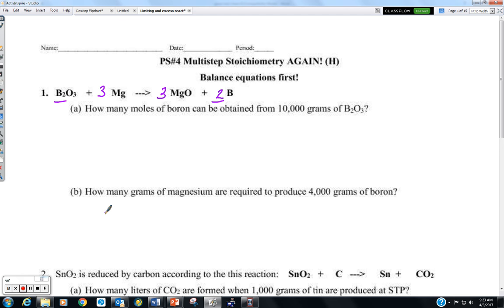All right. So when we're looking at this equation, the question is how many moles of boron can be obtained from 10,000 grams of diboron trioxide. That was a tongue twister. All right, so starting this, what formula am I using?